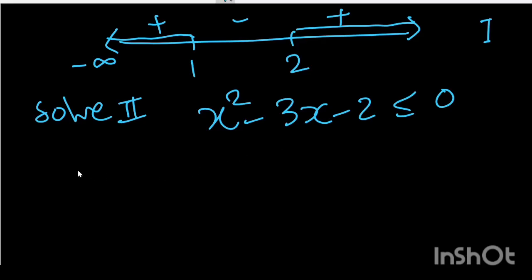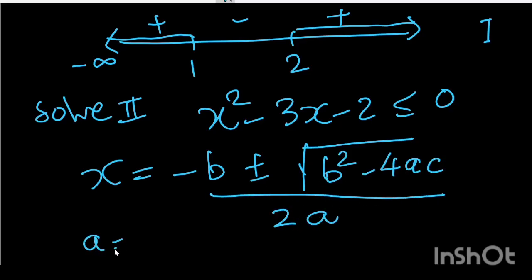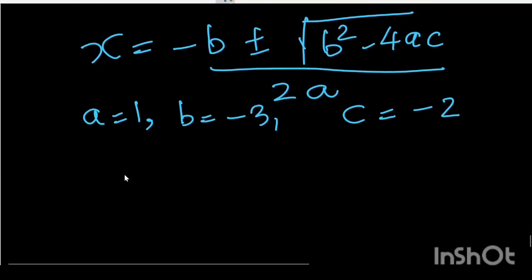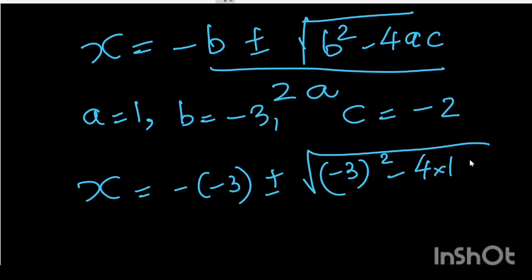So we will use the quadratic formula, x equals minus b plus minus under root b square minus 4ac upon 2a, where a is the coefficient of x square which is 1, b is the coefficient of x which is minus 3, and c is the constant which is minus 2. We substitute: minus of minus 3 plus minus under root 3 square minus 4 into 1 into minus 2.